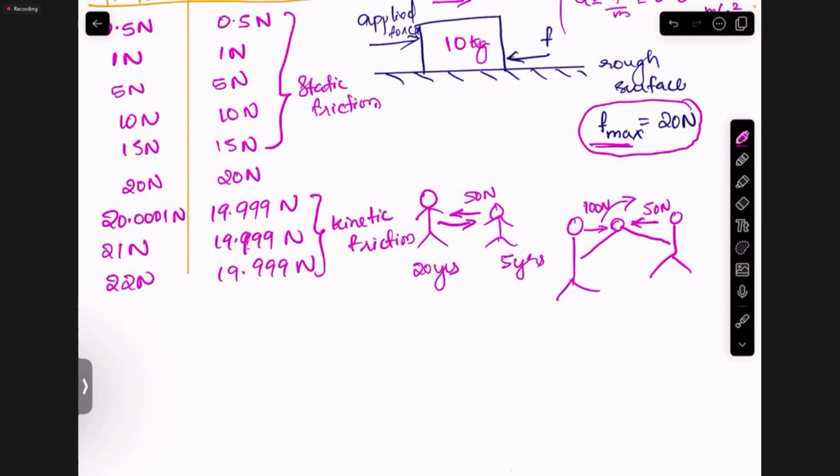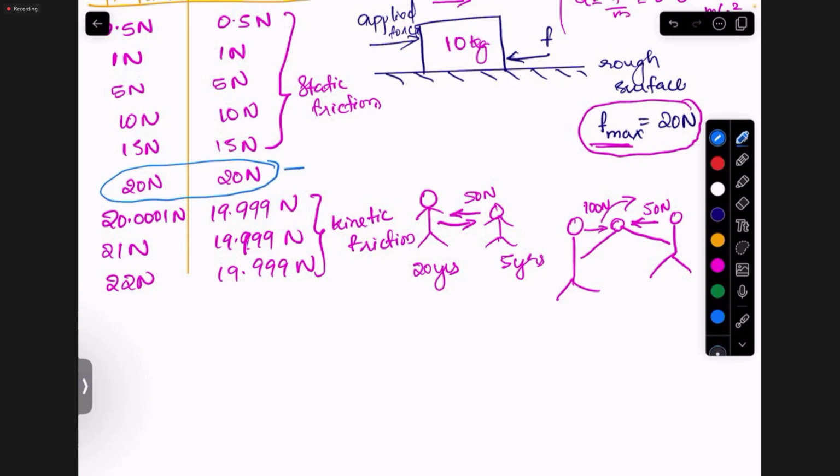So what is this maximum value of this friction, this 20 Newton? It is called the limiting friction. That is what we are calculating using this F max value, F max equal to mu s times N. The coefficient of static friction times the normal force will give you the maximum value of the frictional force, which is called the limiting friction.